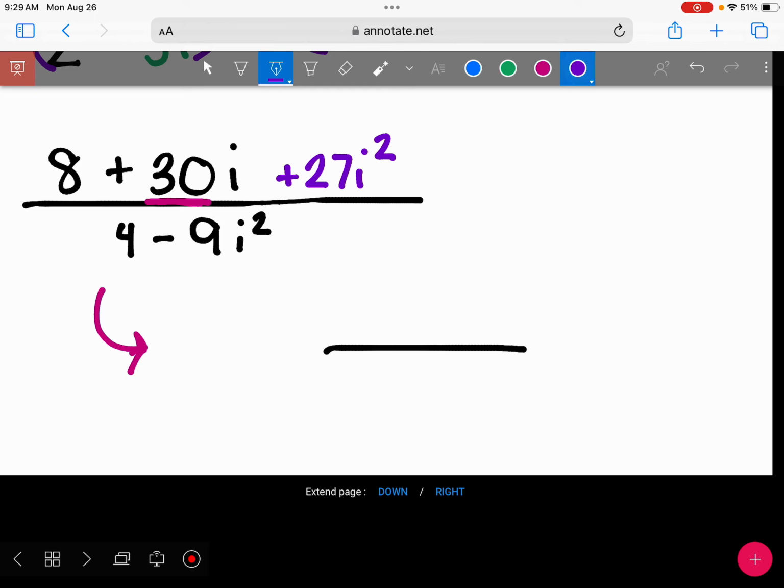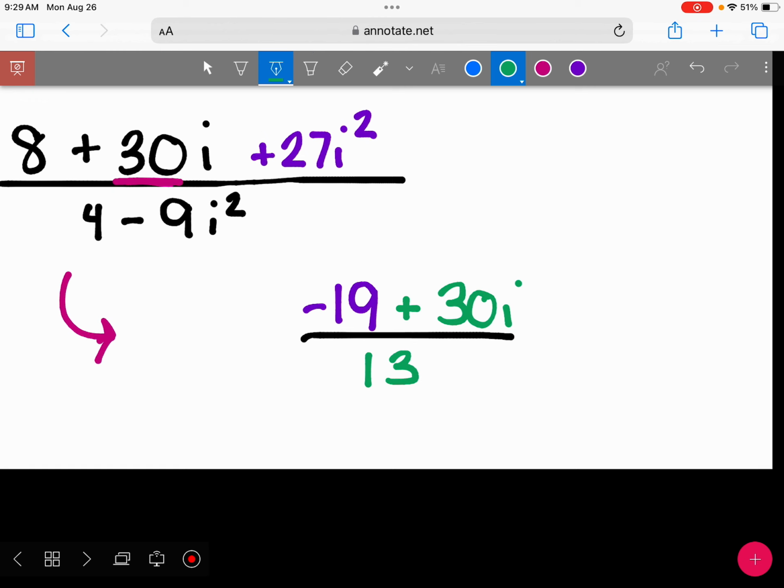What are we going to have as our real number portion of the answer? Negative 19. What is our imaginary portion? 30i all over 13. I'm going to do these as two separate fractions. It's good grammar to do so.